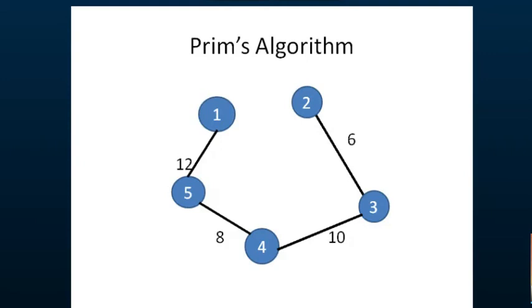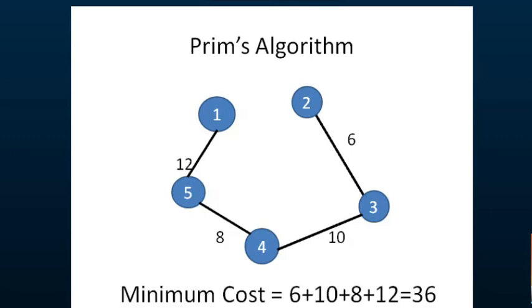In this way, we have all the nodes connected with different weights. Now, the sum of all the costs of this spanning tree is the minimum cost spanning tree, whose minimum cost is 36.